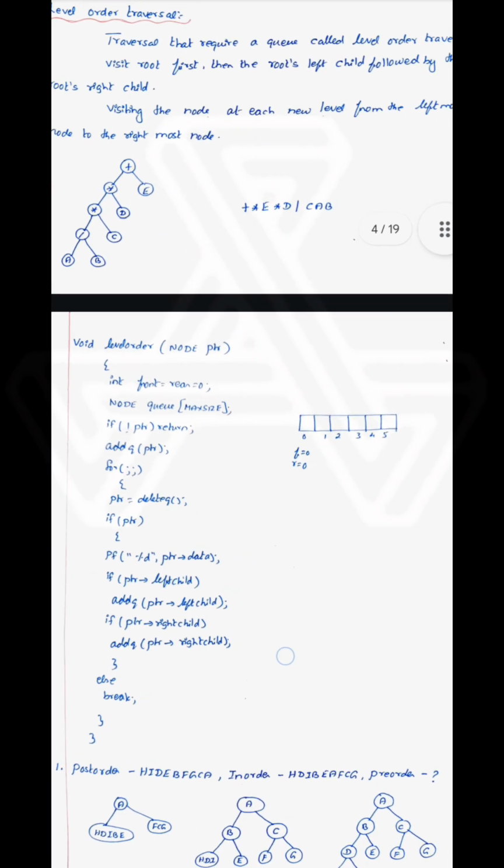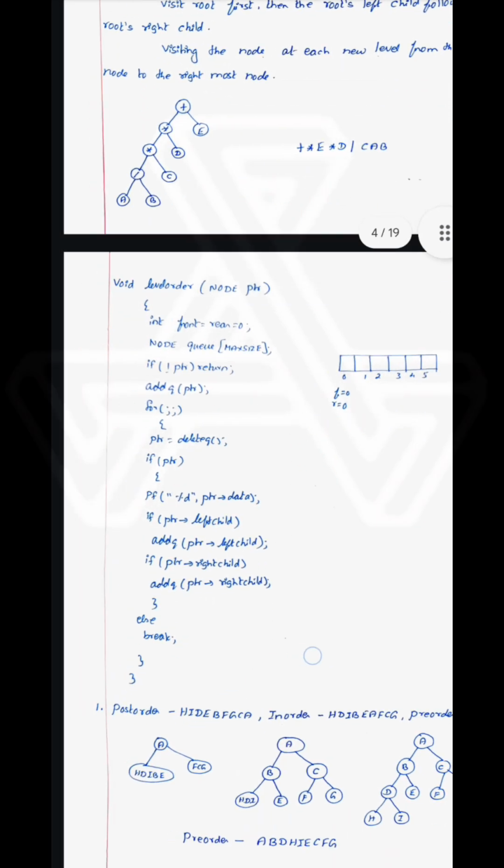Void level order, node ptr, int front equals rear equals 0. We are using a queue, node queue of max size. If not ptr, return.